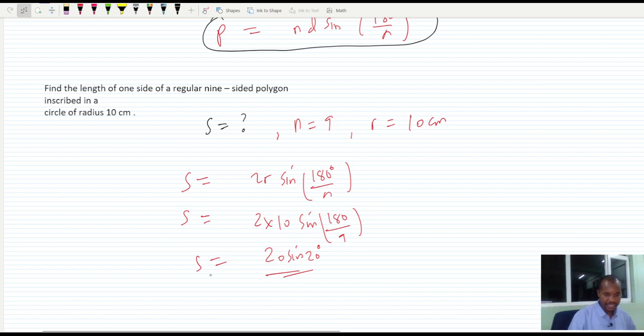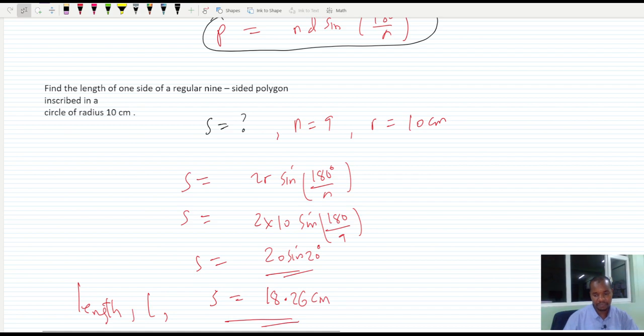So the length of one side is equal to 18.260 centimeter. So that is the length of one side of a regular polygon, dear students. So I could say that length L equals 18.260 centimeter. That is one of the examples we could have in this part.